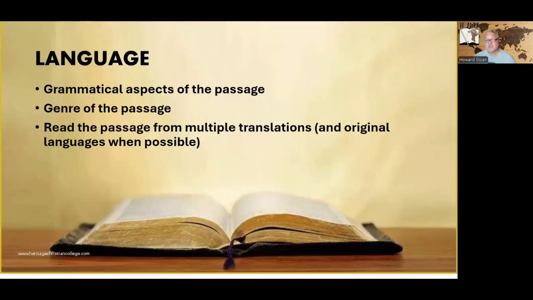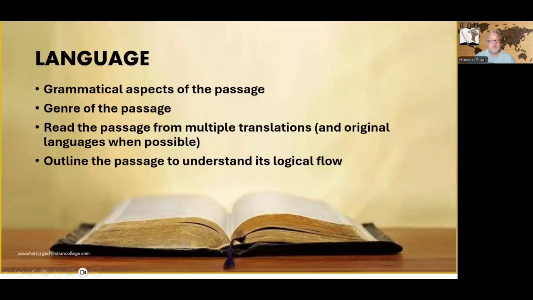Multiple translations will reveal words that may be difficult to translate, have multiple meanings, or have a broader meaning than one English word can capture. This, of course, is not meant to replace the use of original languages, but only direct their study in the original languages.